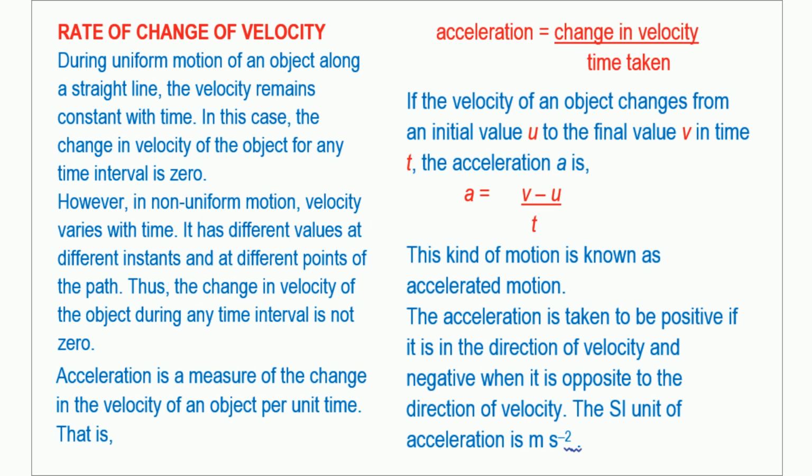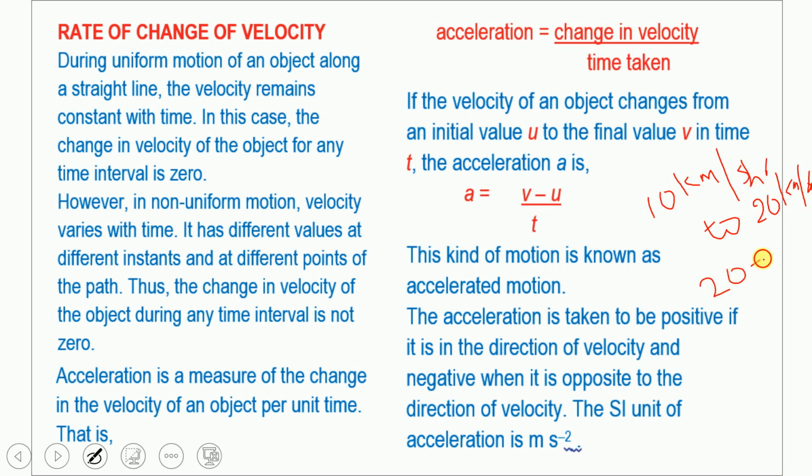So we can say what the change in velocity is here. We see that it changed from 10 kilometer per hour to 20 km per hour. So the change in velocity is 20 minus 10, that is 10 km per hour.